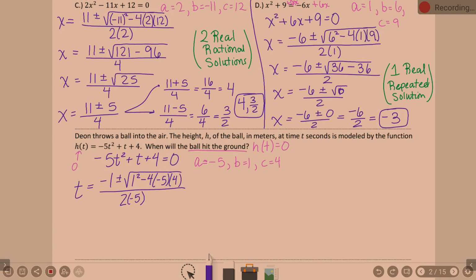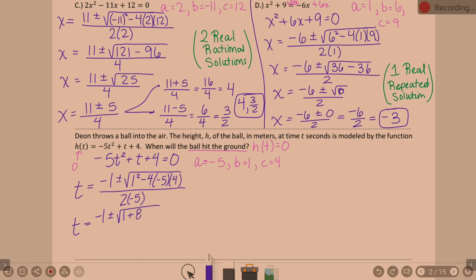Okay, well, -1 plus or minus, what's going on under that square root? It's going to stay 1. 1 squared is 1, minus 4 times -5 times 4. It's going to be 80. Adding or subtracting 80? Adding 80, because it's a negative times a negative.